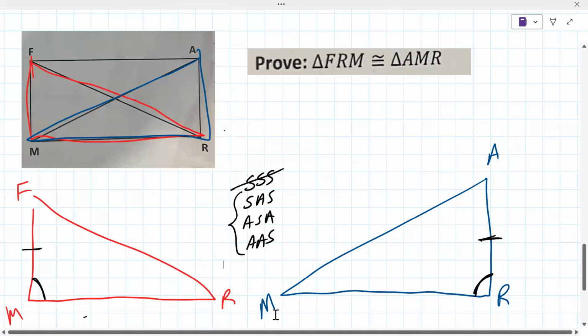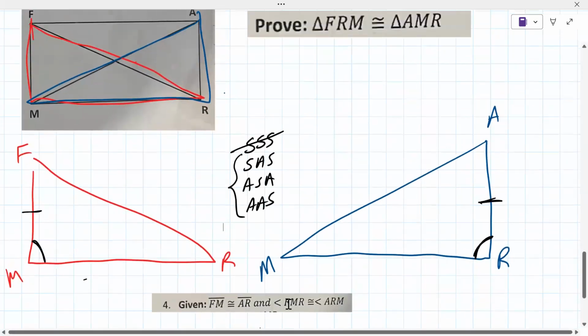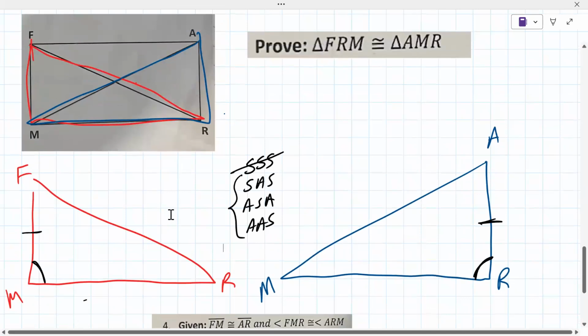RM is congruent to MR. It has to be different, right? Right. Now why are they congruent? Why were they congruent in the first one?